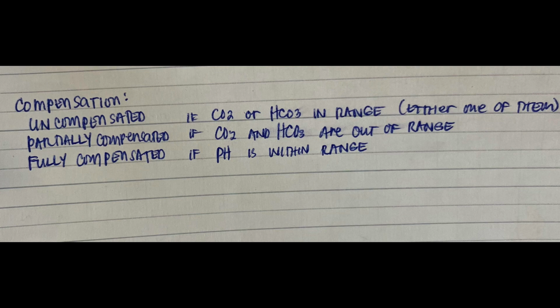For partially compensated, you're still going to look at CO2 and HCO3. This is the opposite of uncompensated, and if both of them are out of range, it's going to be partially compensated. For fully compensated, you just have to look at the pH. If it's within the normal range, it's going to be fully compensated.